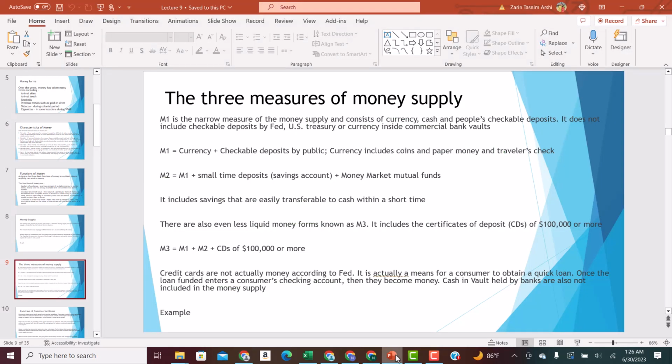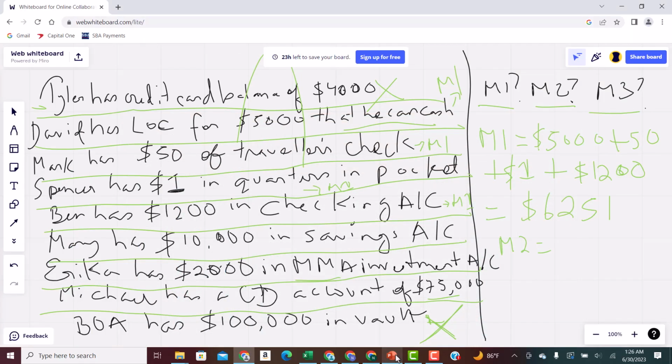M2 is everything in M1 plus savings account plus money market investment accounts. So everything in M1 is 6251. So we start off with 6251 plus savings account. Mary has $10,000 in savings account. So this is M2, so we will add 10,000. This is a broader measure.